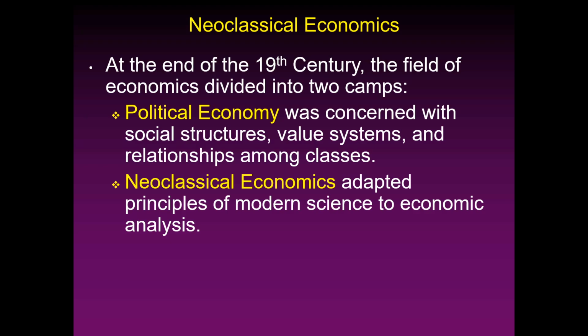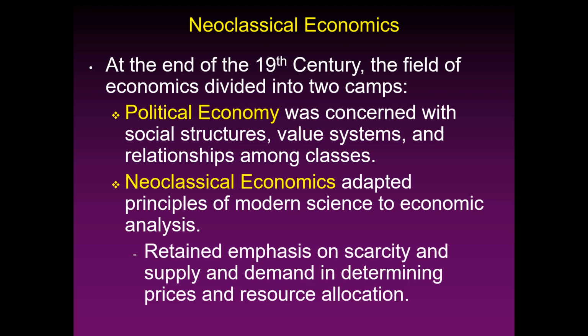If you watch the video by Real Engineering, he talks about how much time this saves, and it's like 30 or 40 milliseconds. It doesn't seem like much, but in the economic world, this is a big deal because it uses a lot of these modern science principles adapted for economic analysis. And this is why stock prices change second by second. So it retained emphasis on scarcity, supply and demand, and determining prices and resource allocation.